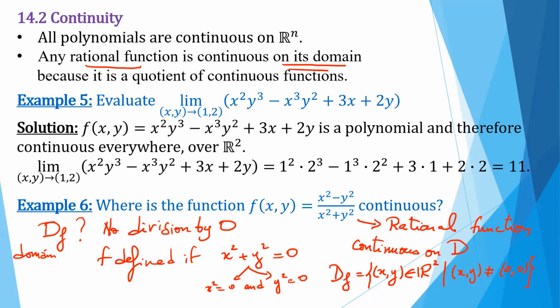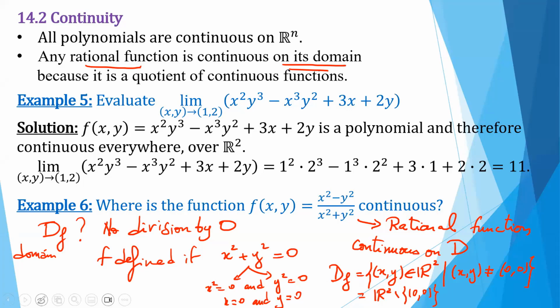So we have only a problem at one point, x equals 0 and y equals 0. Okay, so you can write it as the whole plane R2 except the point 0, 0. This is the domain of this function.